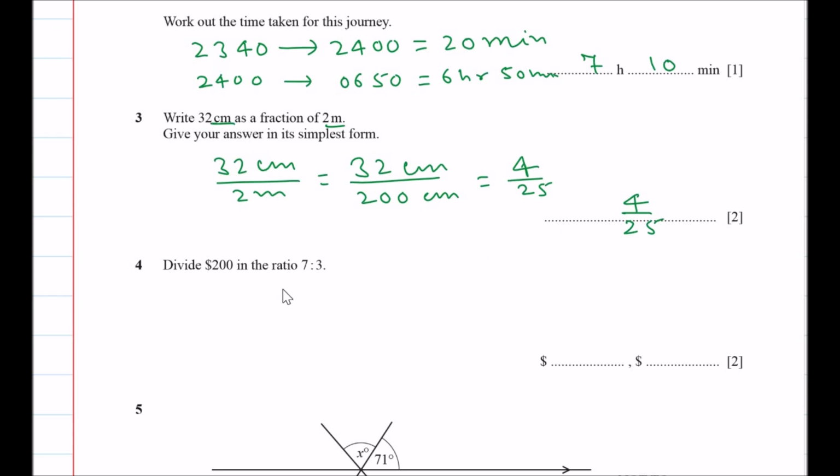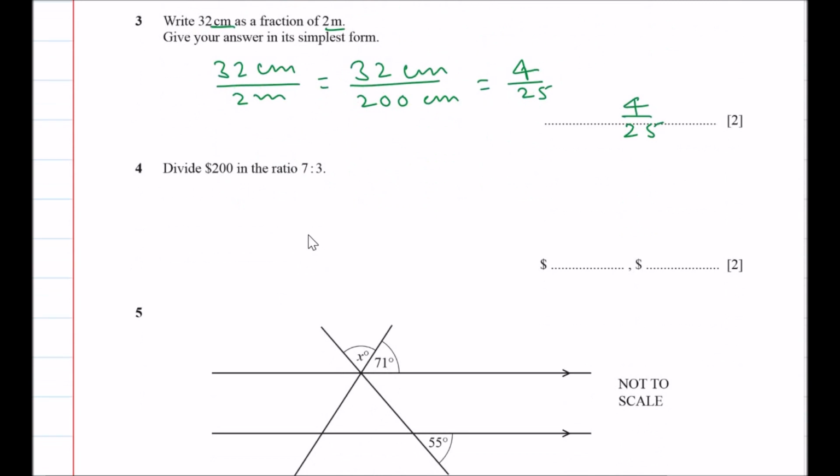Now question number 4. This question is from ratio and it says divide $200 in the ratio 7:3. So what you need to do? First add 7 and 3. We get 10. Right. So 10 parts is equal to 200, and we have to find 7 parts and 3 parts.